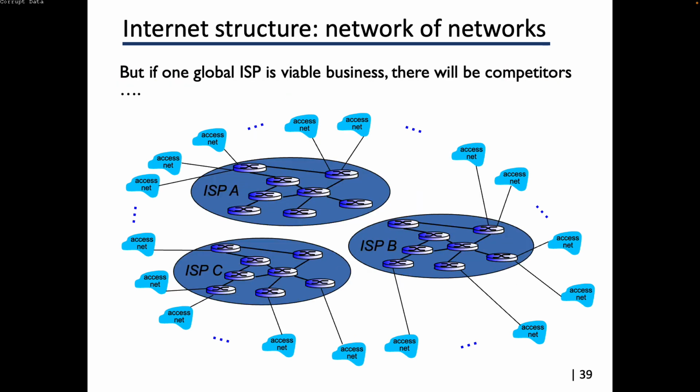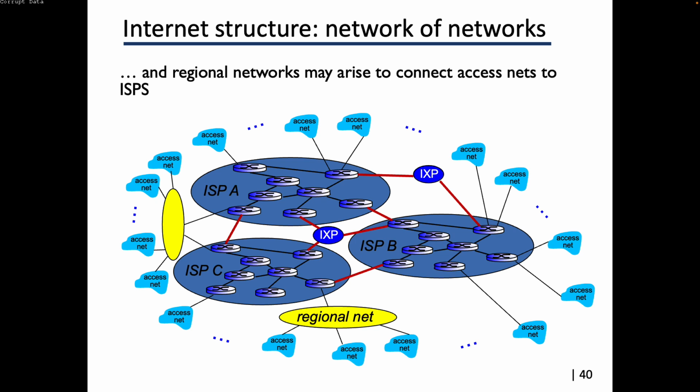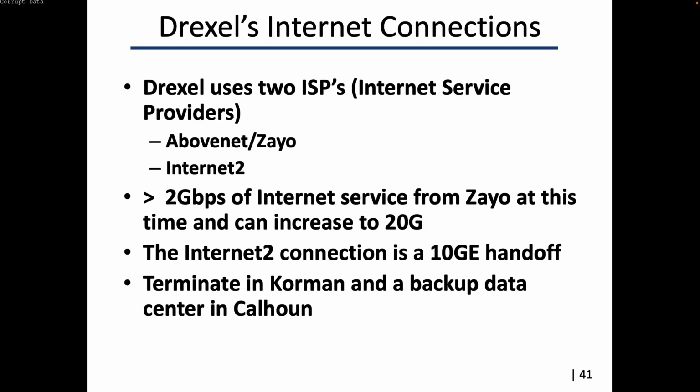And so I think what we end up with is something more like this. We all have ISPs to connect into, and then there are ISPs in different regions, from clusters and then into a global network. So it's really indeed a network of networks.